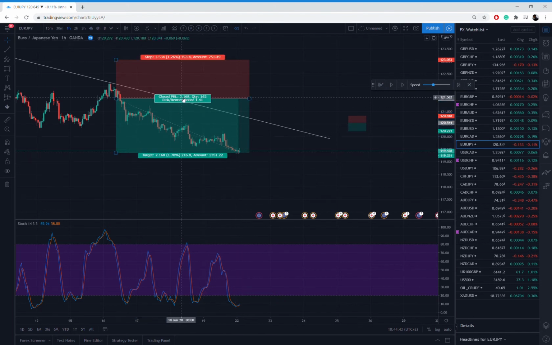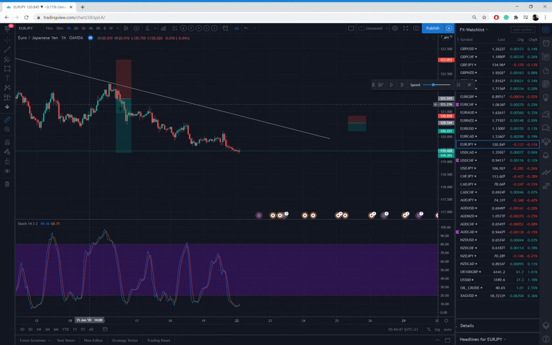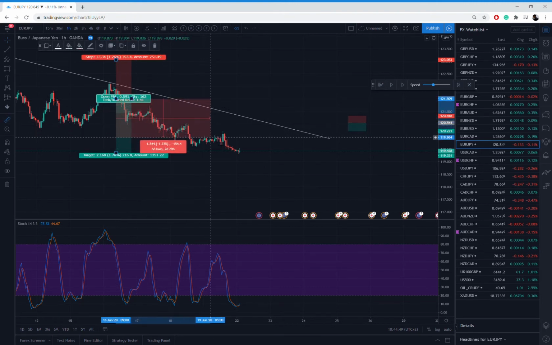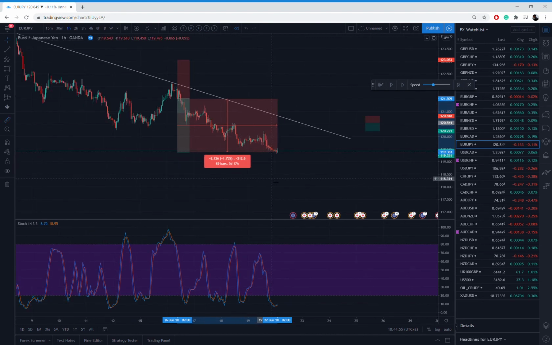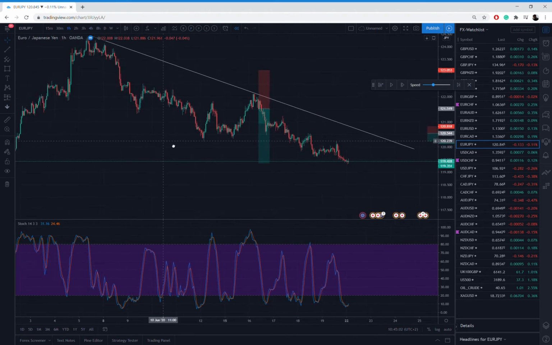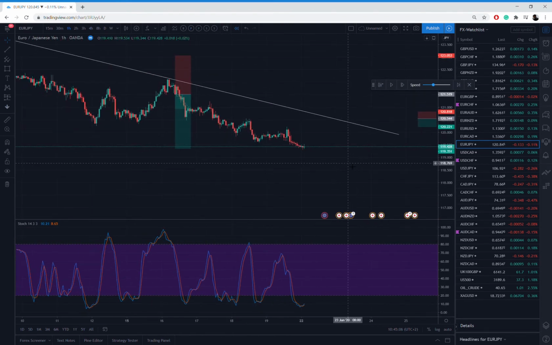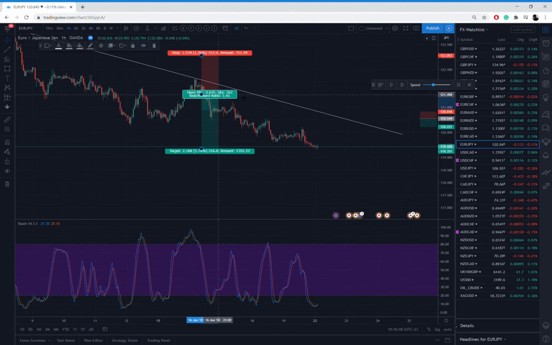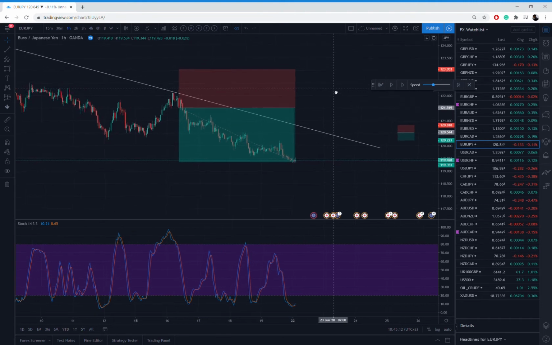And let's quickly move this here, and we're going to measure it. Yeah, in 5 days we have collected 212 pips, which is quite nice, depending on the amount that you invested. Of course, if you have a bigger trading capital, the bigger the reward. And remember at all times to risk not more than 1 to 3% of your total capital.